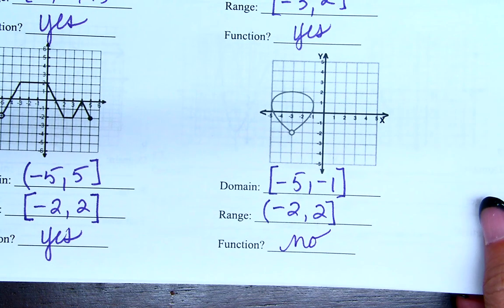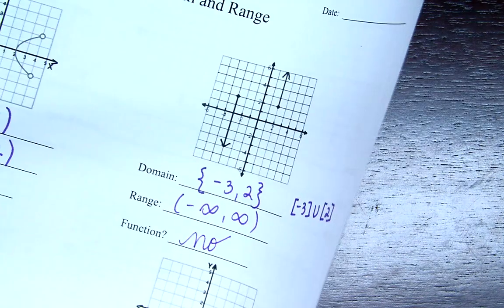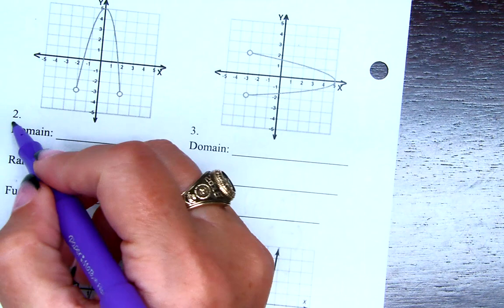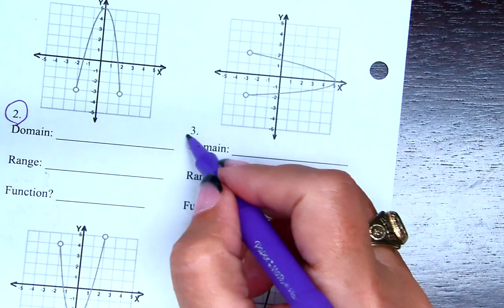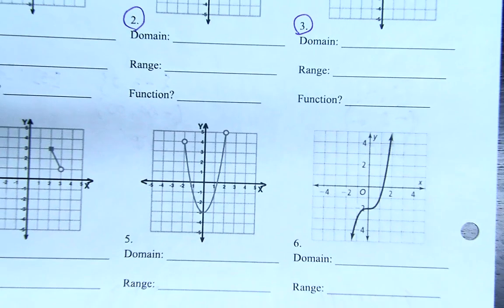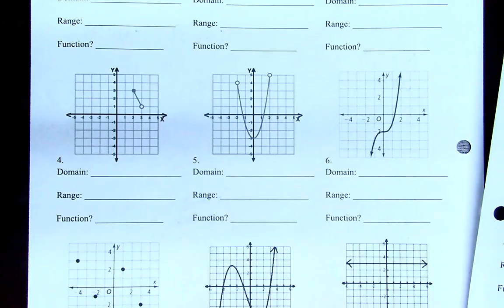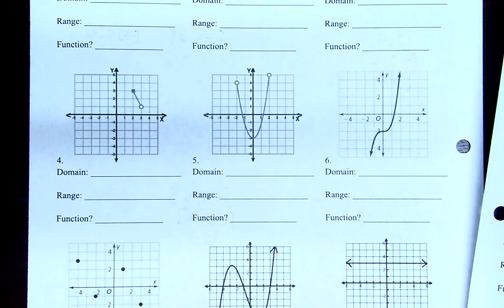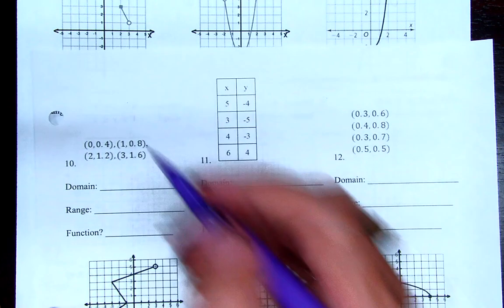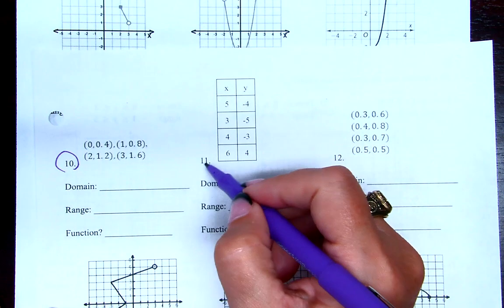Any questions on this? All right, I need you to circle some problems for me. Would you do that? Circle the following problems. Would you please circle number 2 and 3? Number 7 and 9? Number 10 and 11?